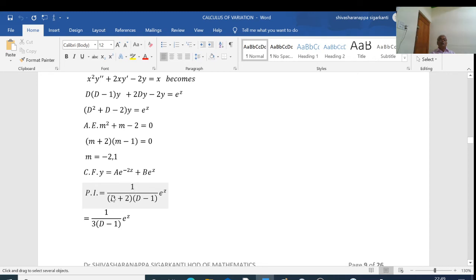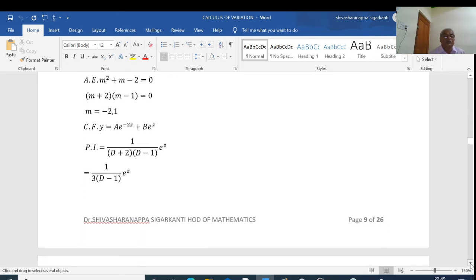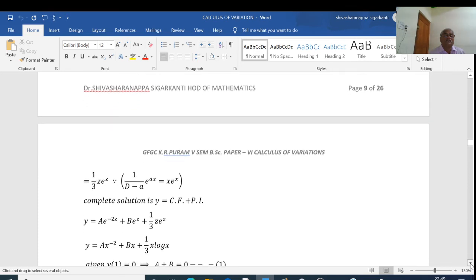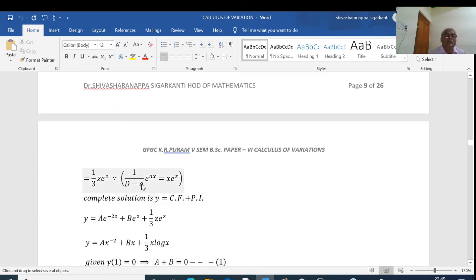Then this becomes 1 by 1 plus 2, that is 1 by 3 into 1 by D minus 1 into e to the power of z. And if the denominator becomes 0, that is if it is 1 by D minus a into e raised to ax, then its particular integral is given by x into e raised to ax. Here it is z into e raised to z.